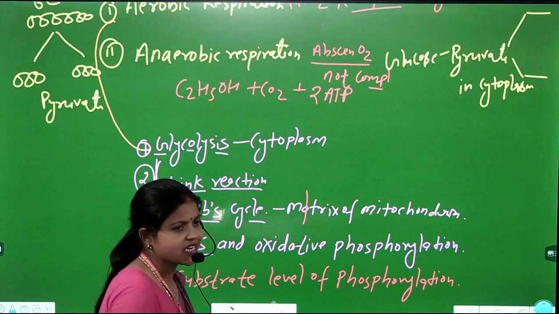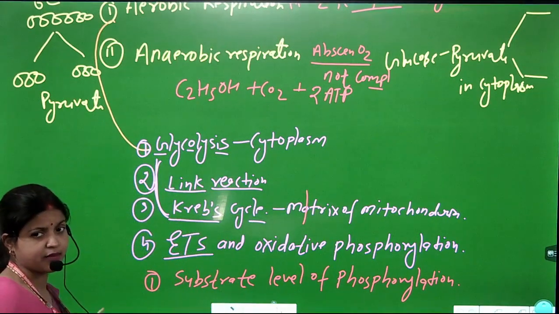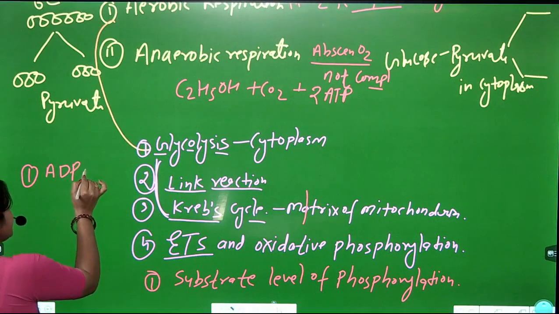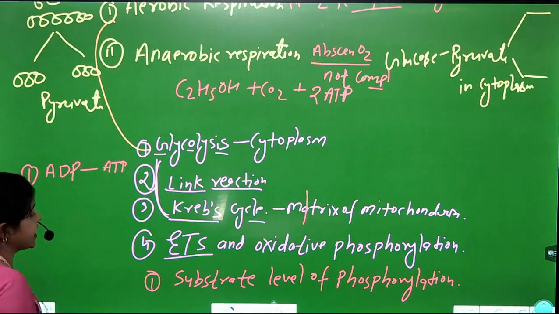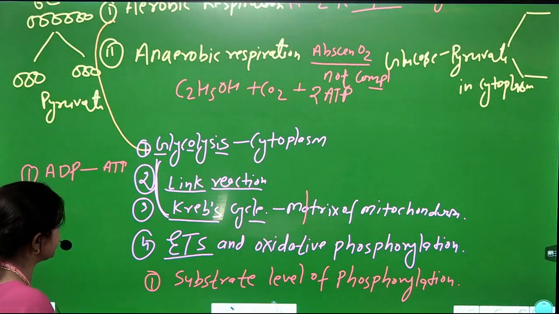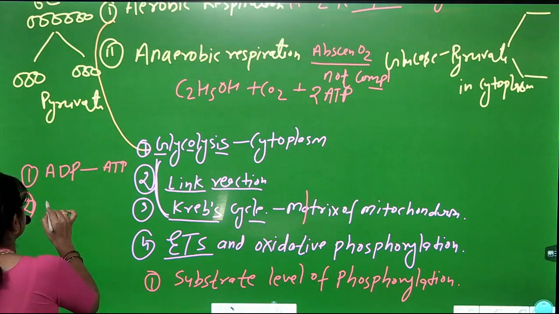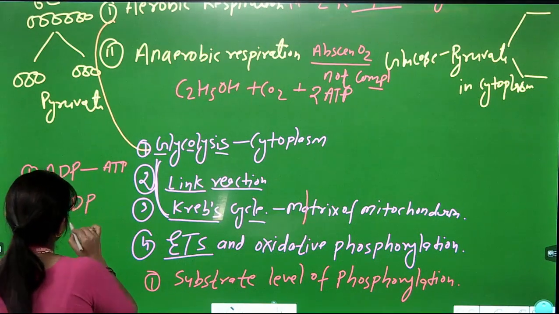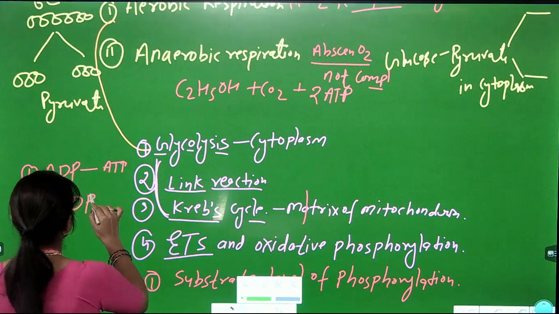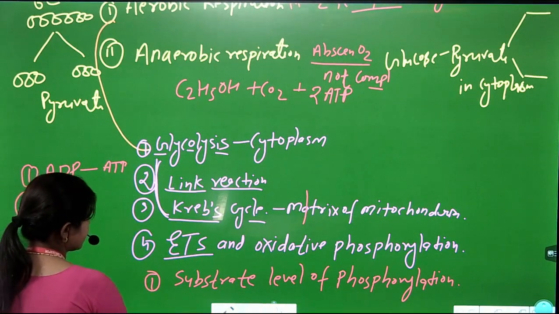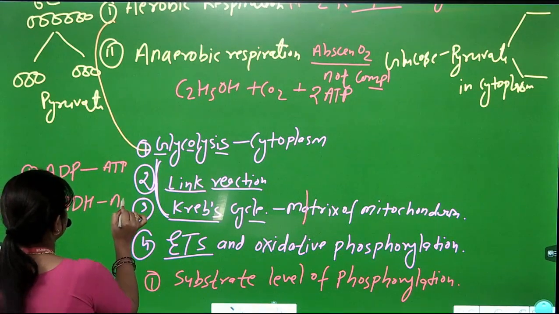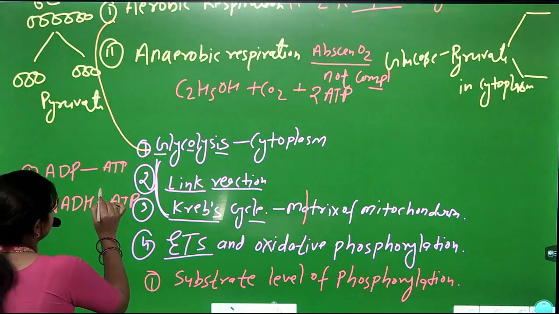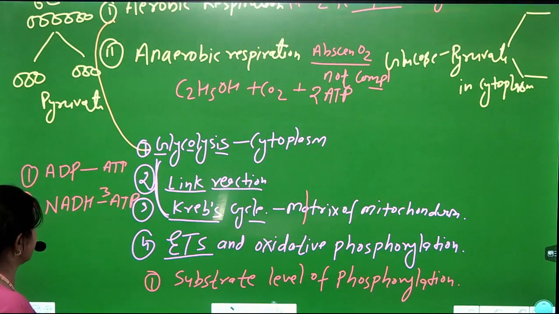Students, there are 3 points where ATP is formed. First point, ADP converted into ATP. Second point is NADH converted to ATP. Each NADH contains 3 ATP.